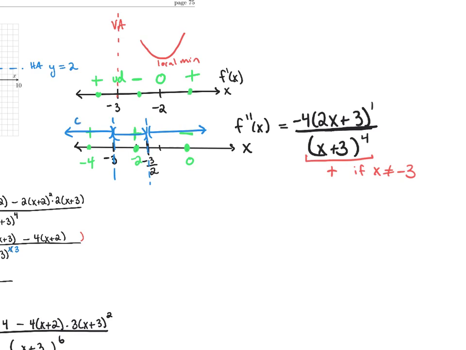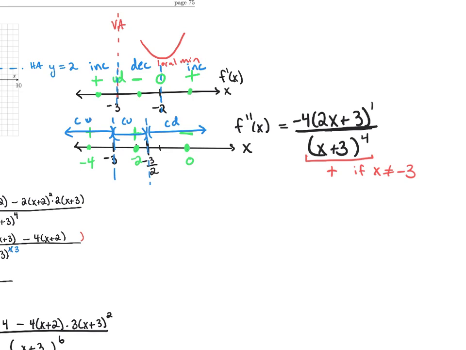We have a positive second derivative, so that means we're going to be concave up, and then still a positive, concave up, and then a negative, concave down. Similarly, we probably want to look at this first derivative number line and know that our function goes increasing, decreasing, increasing. Now we're going to try to put all that together.